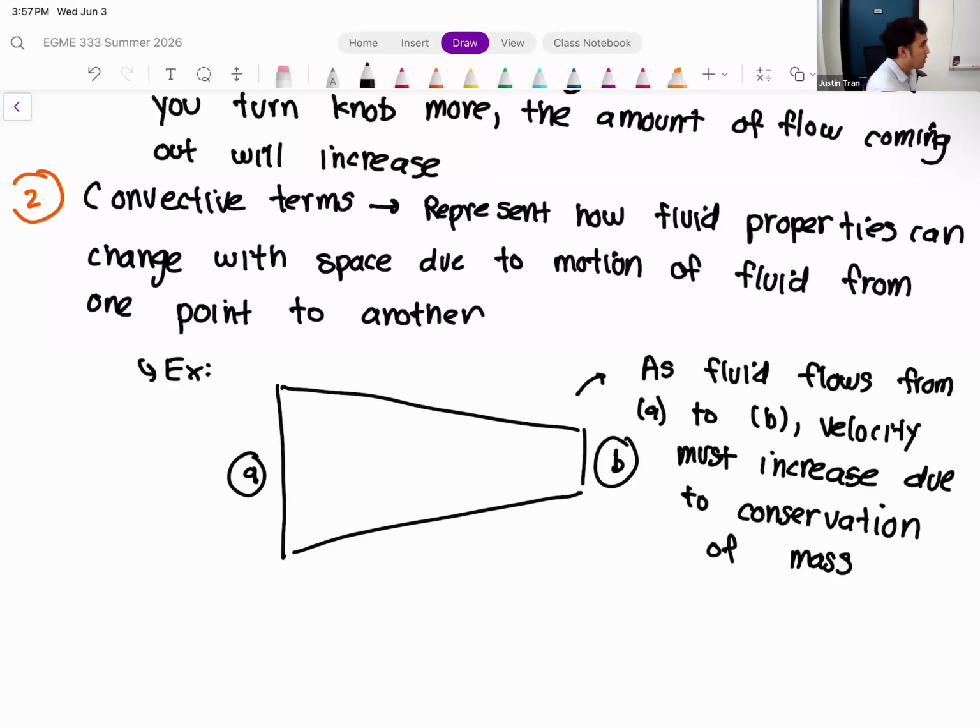So in a purely steady situation with no unsteadiness, just by moving from one location to another, we observe a change in the velocity. And that's represented by the convection term.